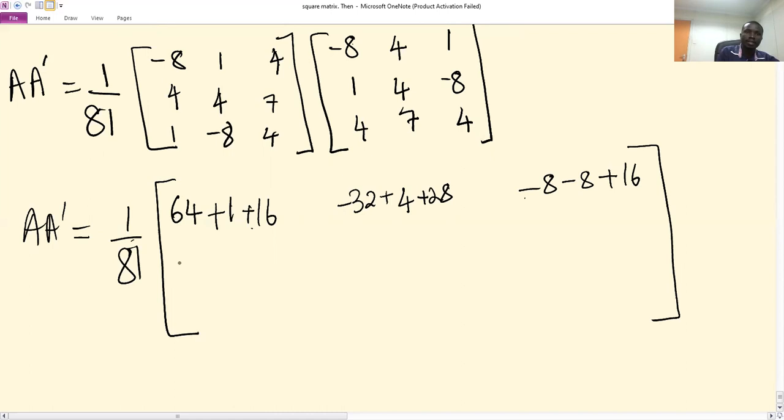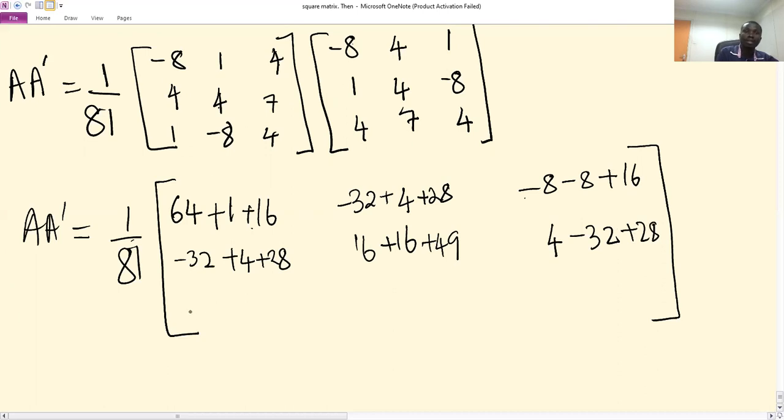Next row: 4 by -8 is -32, 4 by 1 is 4, 7 by 4 is 28; then 4 by 4 is 16, 4 by 4 is 16, 7 by 7 is 49; then 4 by 1 is 4, 4 by -8 is -32, 7 by 4 is 28.